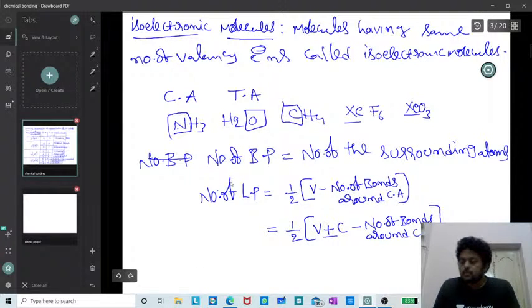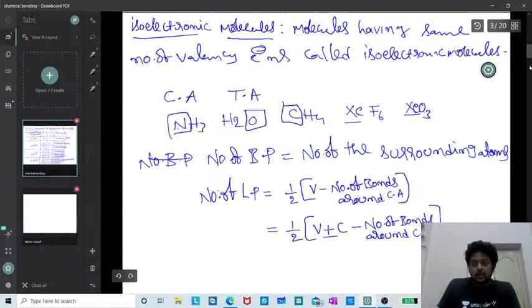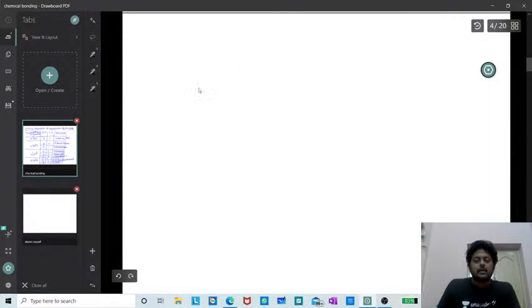So how will we find the number of bonds around the central atom? This is very important. Here only your key point is present.